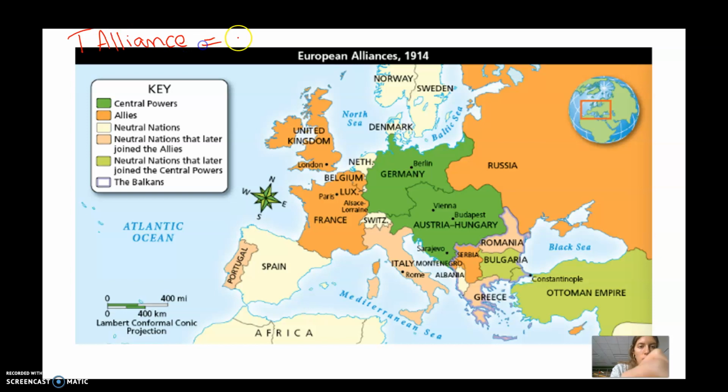This now is known as Central Powers. Then we also talked about the Triple Entente, or Entente, because it's that French word, right? This is now going to be called Allies.